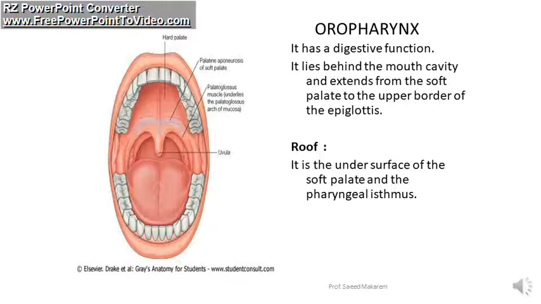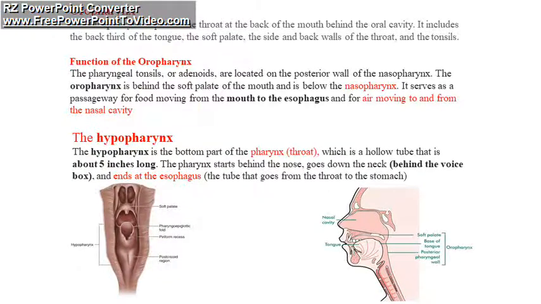The oropharynx is a part of the digestive system. As you know, the roof is formed from the soft palate and the pharyngeal isthmus. This is the pharyngeal isthmus here, and this is the soft palate. The oropharynx is a part of the throat at the back of the mouth, behind the oral cavity.